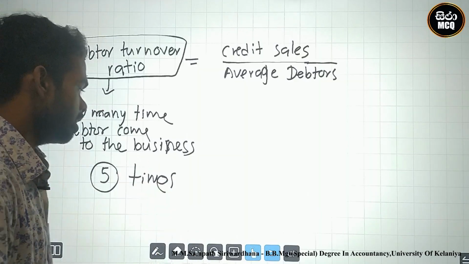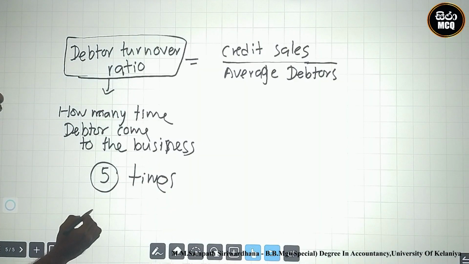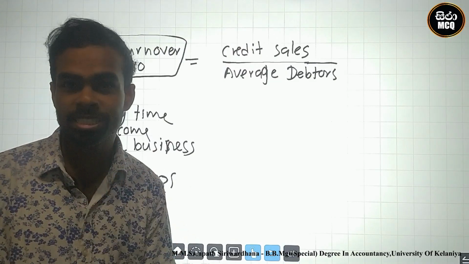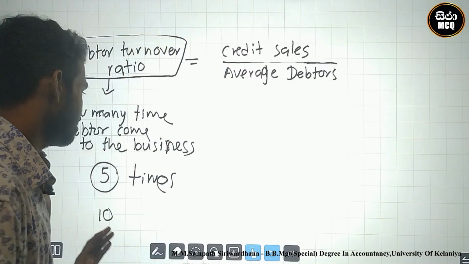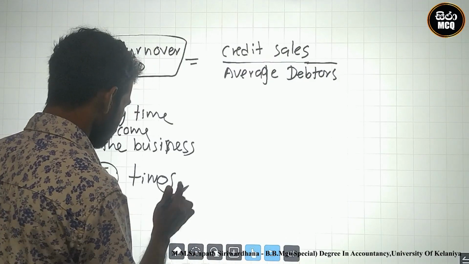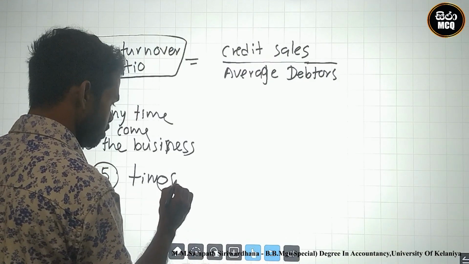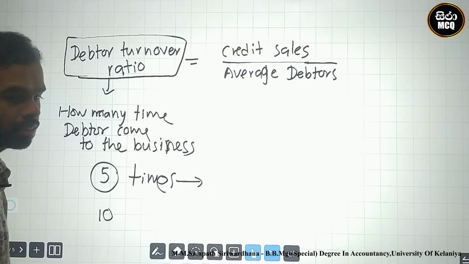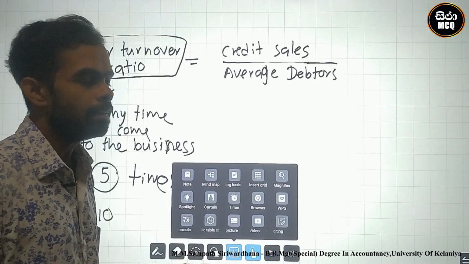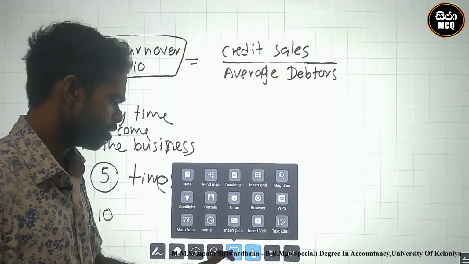If the debtor turnover ratio is 10, he comes to the business 10 times. In that time, the question is about cash collection.